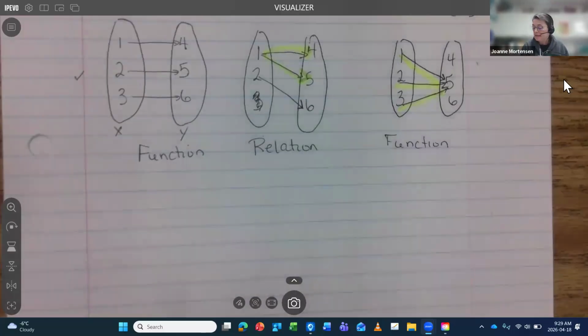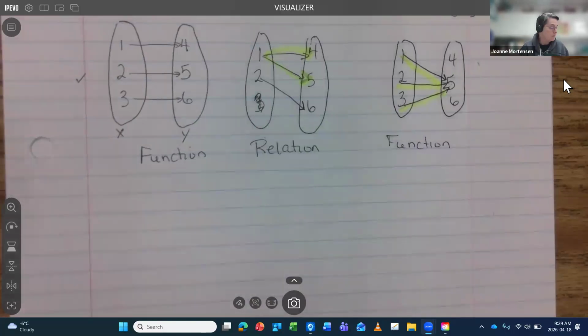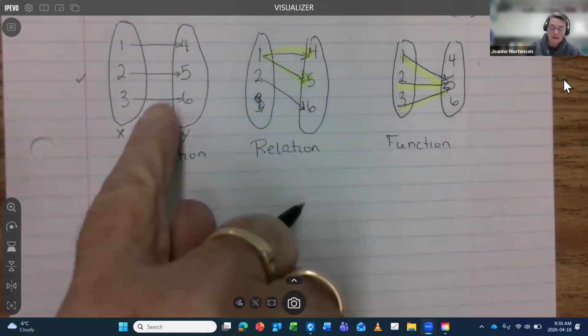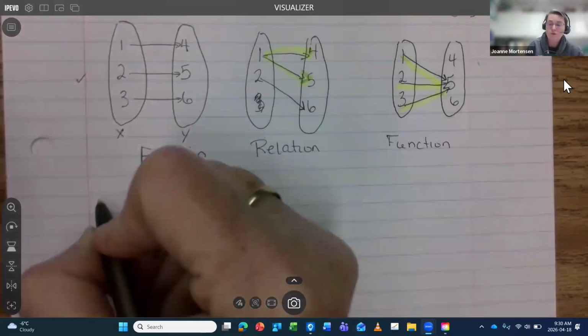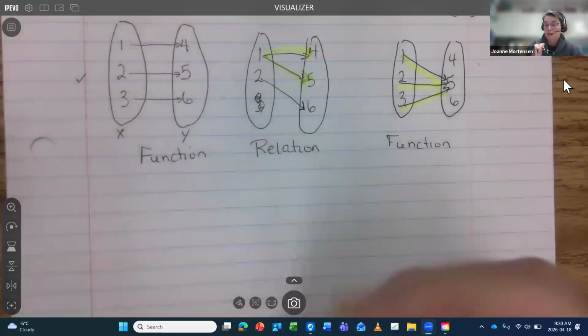Now, the next thing you have to be able to do is read a set of points. Okay, so I'm just going to cheat. I'm going to take this diagram and turn it into a set of points. Oh, Joanne, how do you do that? Let me show you.